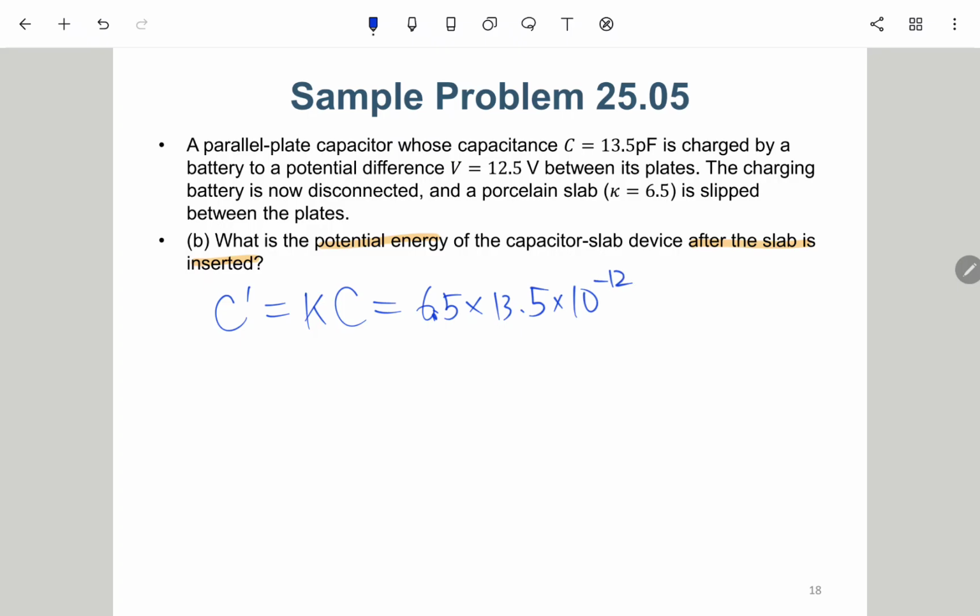So U_f will be Q squared over 2C prime. The Q doesn't change because the charging battery is now disconnected, so we assume no charge can go in or out of the capacitor.